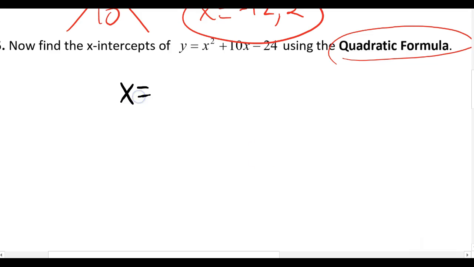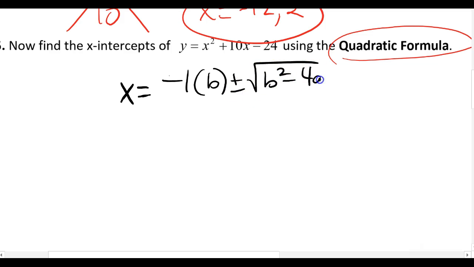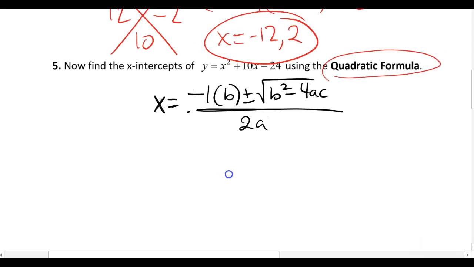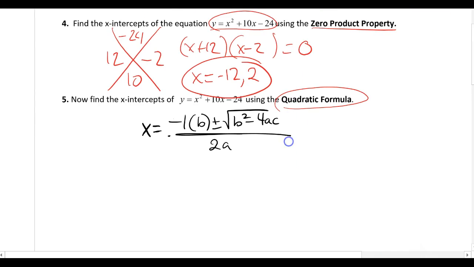So x equals negative 1 times b, plus and minus b squared minus 4 times a times c, divided by 2a.